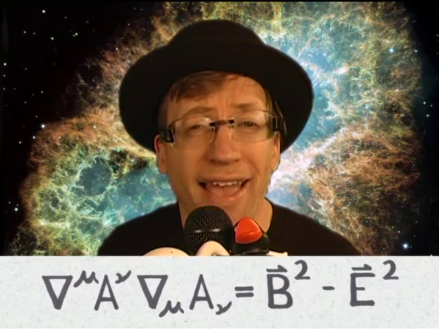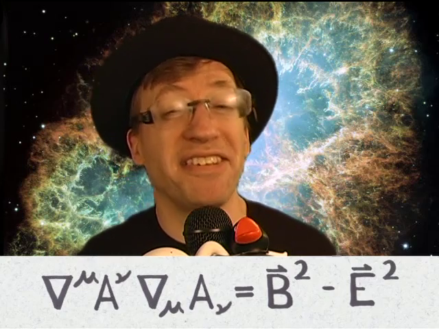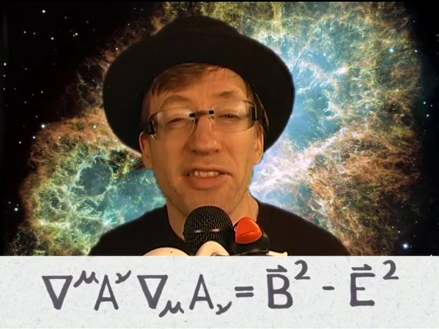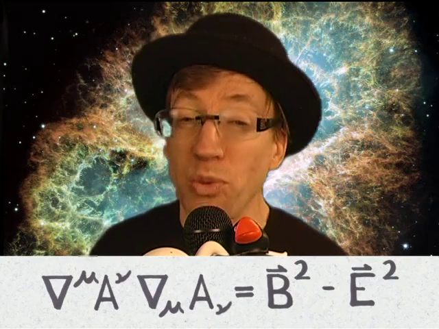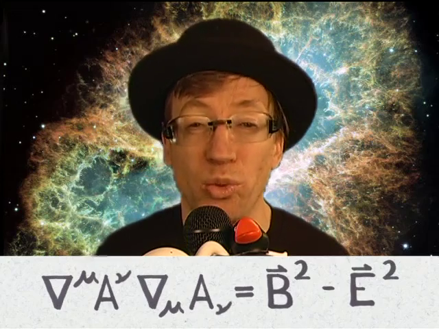But I got it. And the result can be summarized very succinctly. It is the magnetic field B squared minus the electric field E squared. It's like, wow, okay. Now, how do you do that with quaternions?